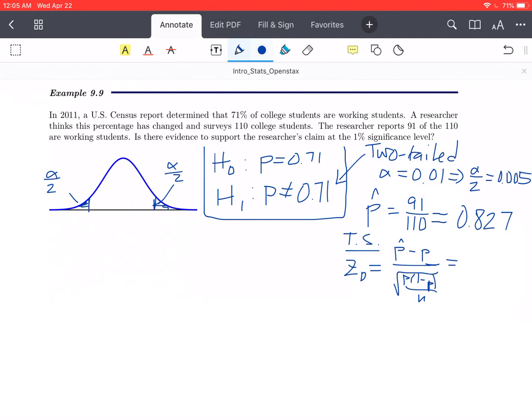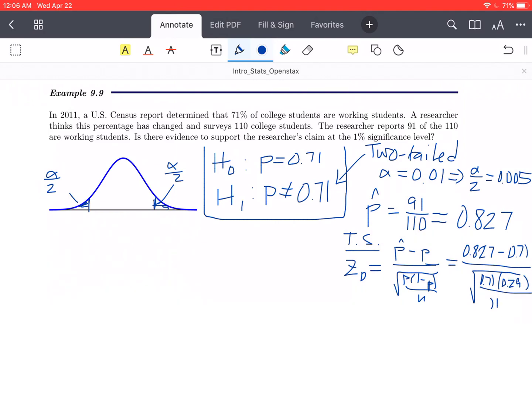So this is going to be 0.827 minus 0.71 over the square root of 0.71 times 1 minus 0.71, so that's 0.29, over n.